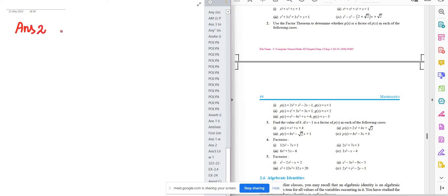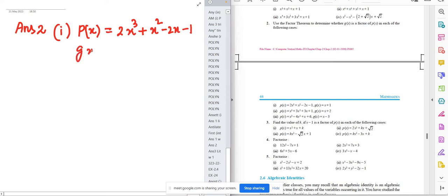Answer to the first one. So p(x) is given as 2x cube plus x square minus 2x minus 1, and g(x) is given as x plus 1.